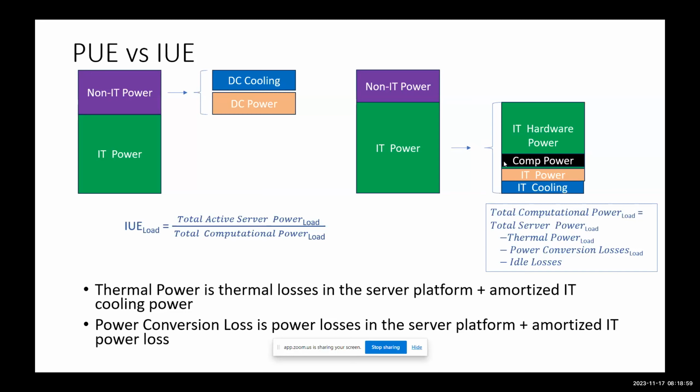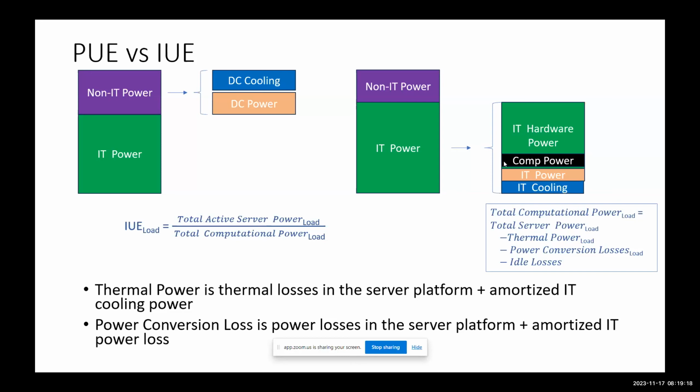So right now I'm trying to comprehend a standard server. Your power supply has 8 to 10% losses as you go through the power supply and the DC to DC converting logic. And then if you have fans, another 10% loss through the fans. All of that is what I'm accounting for.